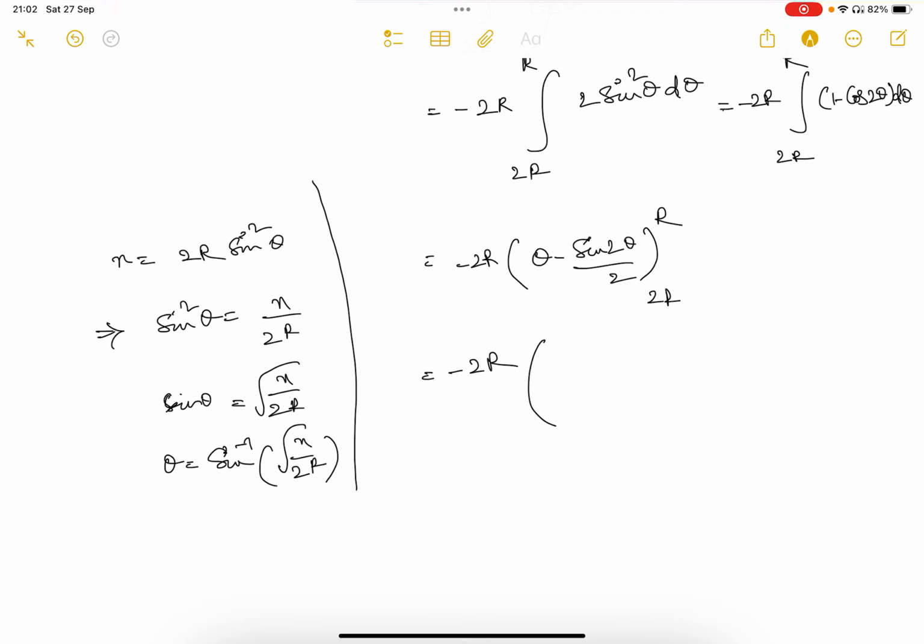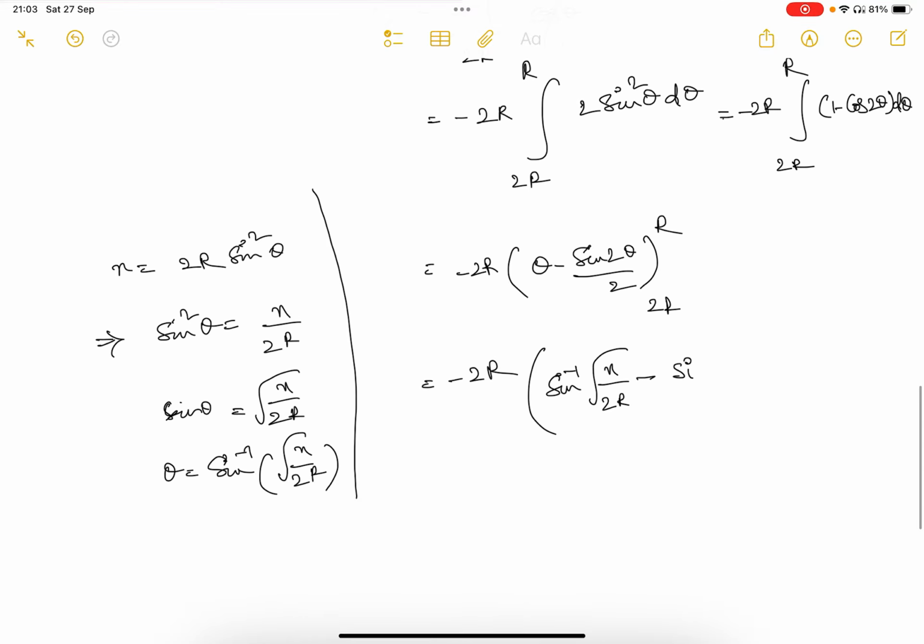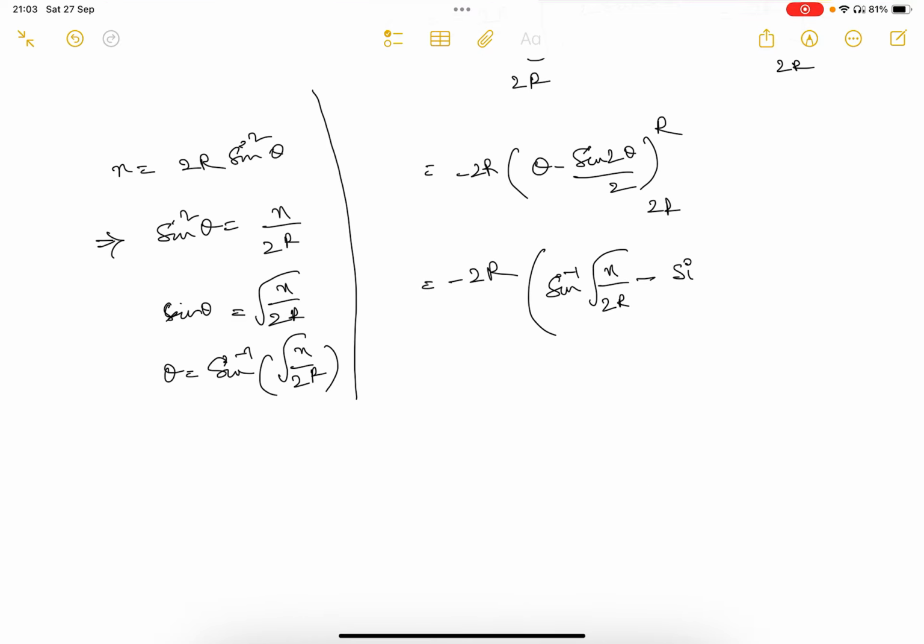minus 2r into theta, which is sin inverse root of x by 2r, minus 1 by 2 into sin 2 theta, right? Sin 2 theta can be written as 2 sin theta cos theta, right?